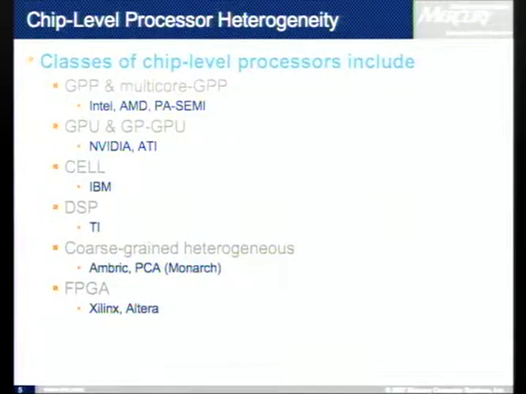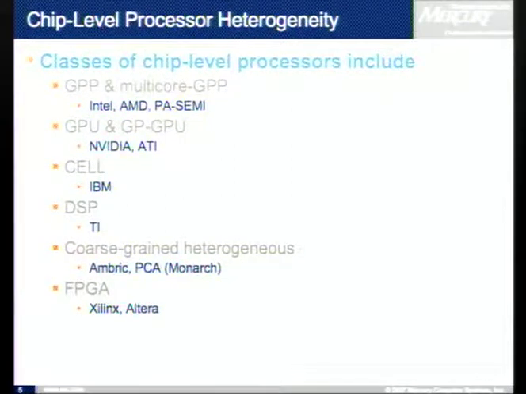So processor heterogeneity, big sounding words. Well, what are we talking about? We're talking about the selection at the chip level of different types of processors. This isn't a complete list, certainly not a complete list of vendors, but I simply wanted to ground the discussion. We're talking about GPPs, multi-core GPPs, GPUs that increasingly are executing code that looks like the code that's running on a GPP.